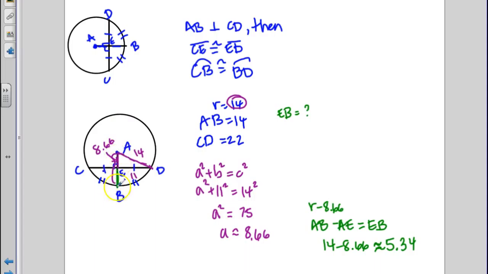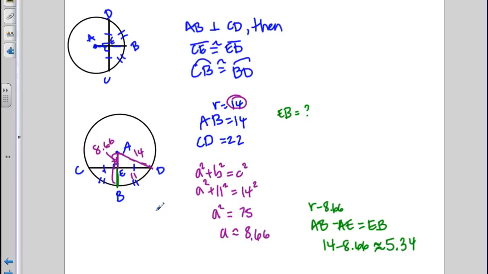So if they tell us we have a perpendicular bisector of a chord, so let's say they say AB is a perpendicular bisector of CD, you know that AB is either the radius or the diameter. If they give you a picture like this, we know it's the radius because it's coming from the center. But if it's just information given, like on the EOI, they say AB is a perpendicular bisector of CD, you know that AB is the diameter or the radius.